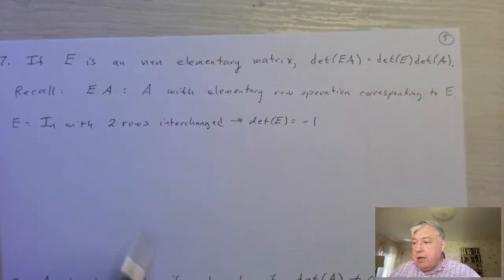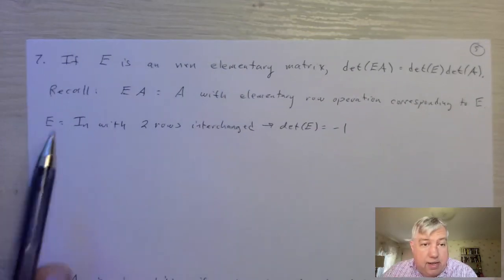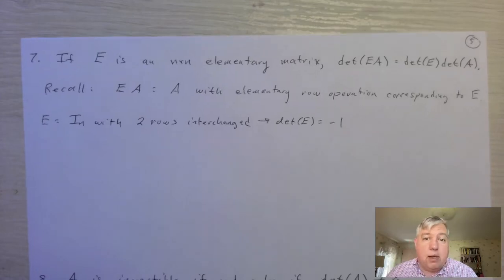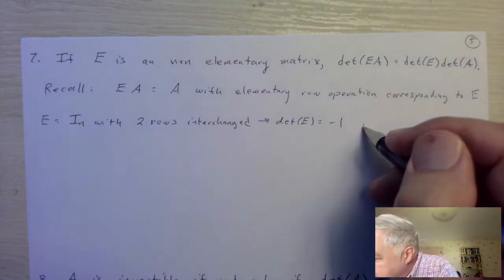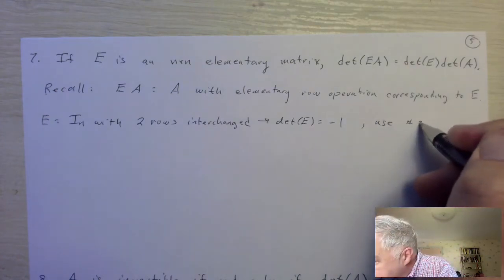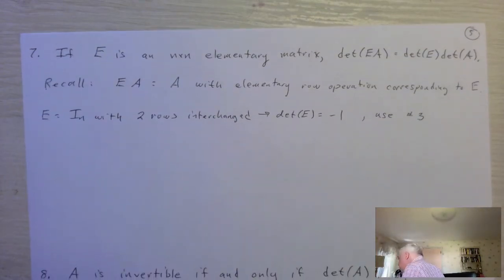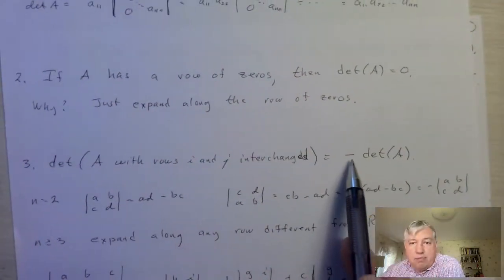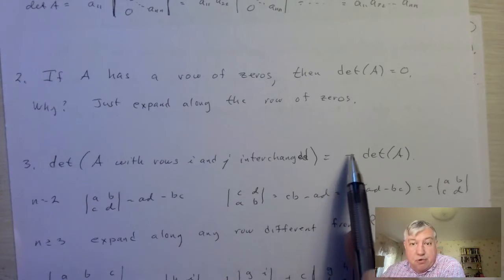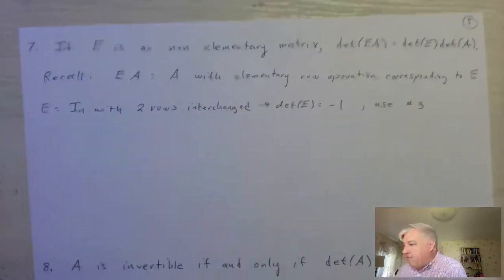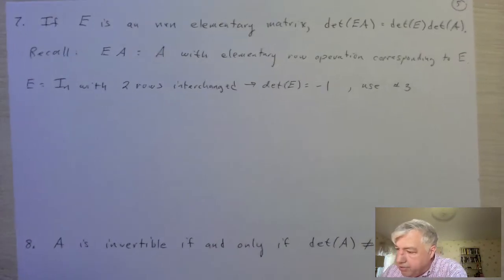Okay, because the identity matrix has determinant 1, and then we interchange two rows, we get -1, and that's the determinant of E, and then we use number 3. Because that -1 there is right here. So you can think of this as like the determinant of E, when E is in that form.